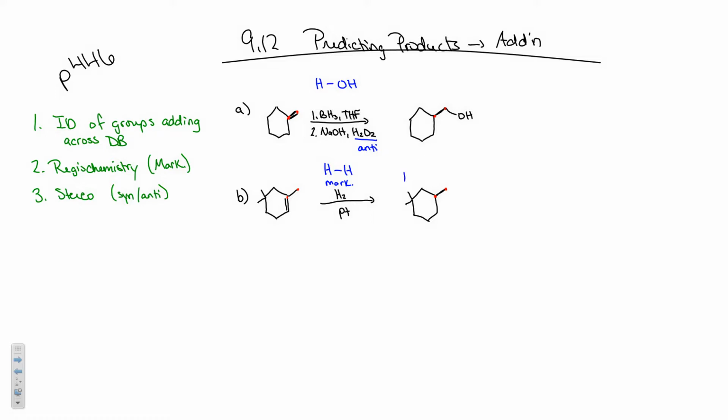So I'm forming 1 chiral center, 1 chiral carbon, which means I'm going to have a mixture of R and S. If you don't want to show the hydrogen, you can draw the methyl on a wedge. Doesn't really matter. Okay, let's find another one.